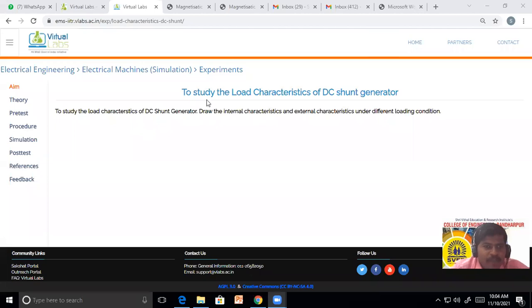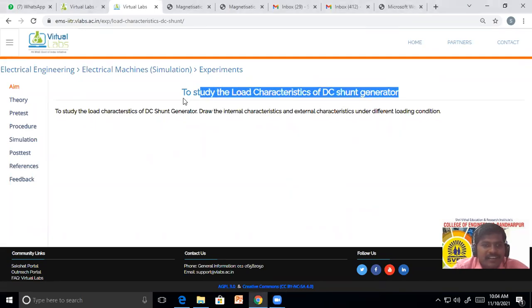Okay, see, we will see the next characteristics, that is to study the load characteristics of DC shunt generator. DC shunt generator ची load characteristics आपण understand करून घेऊया by using a virtual lab.